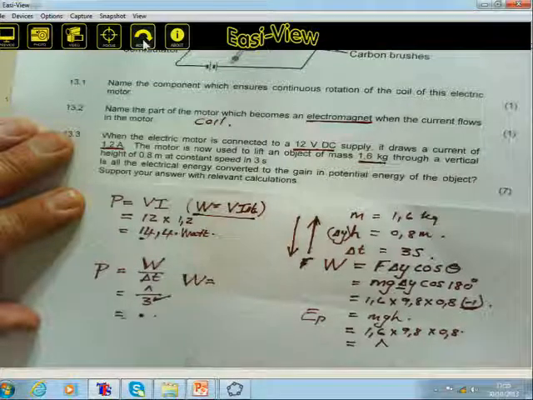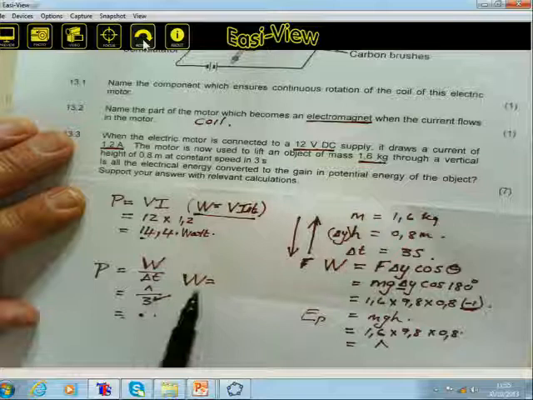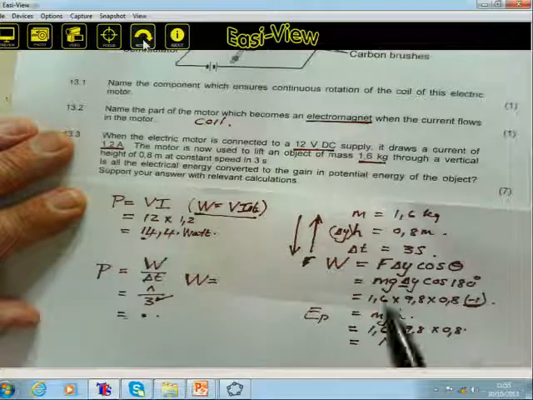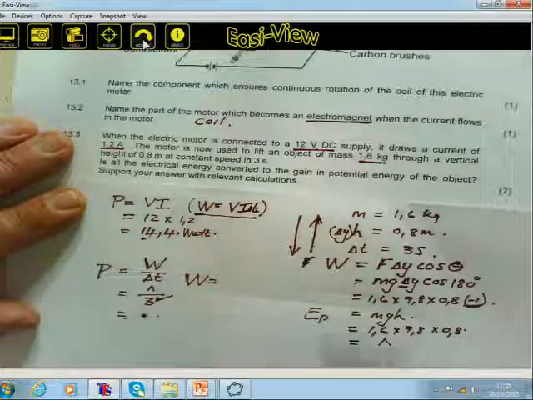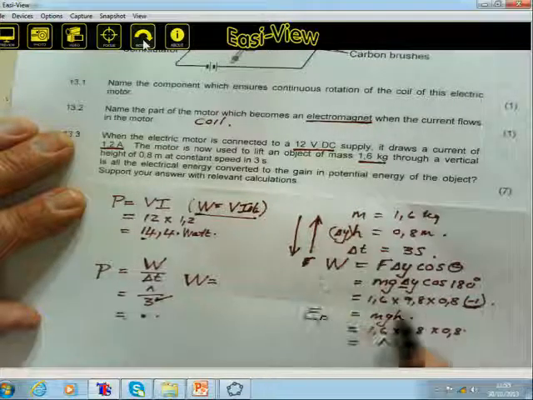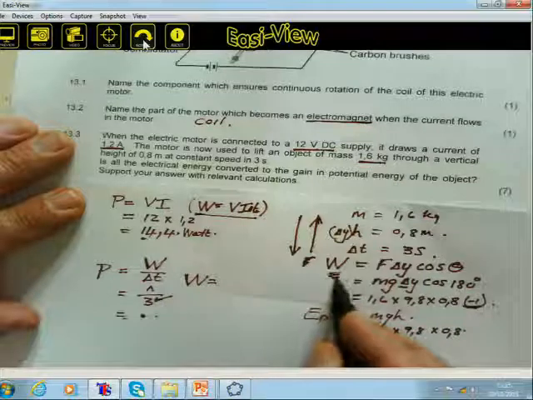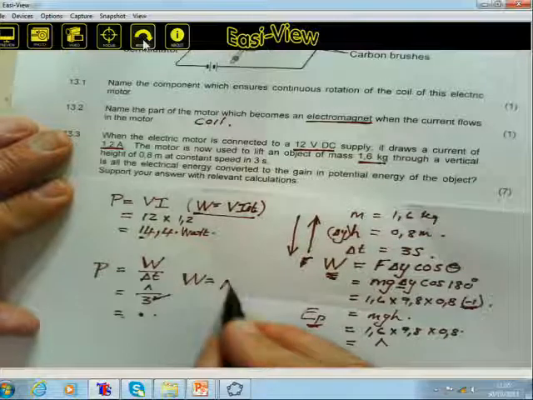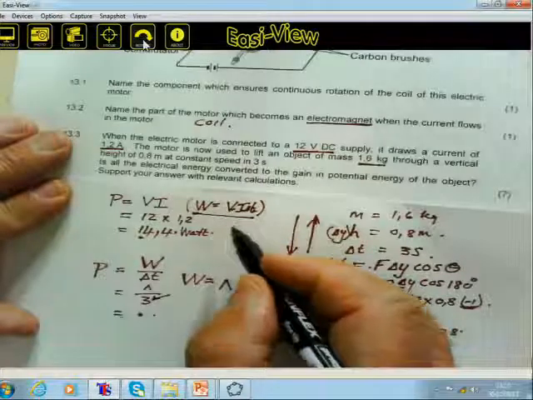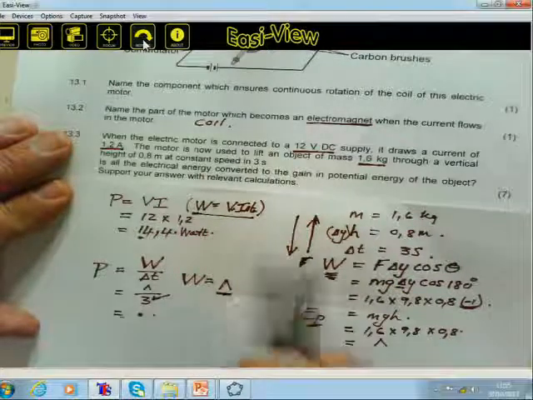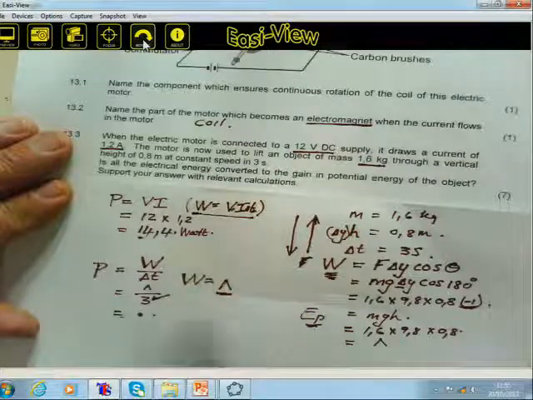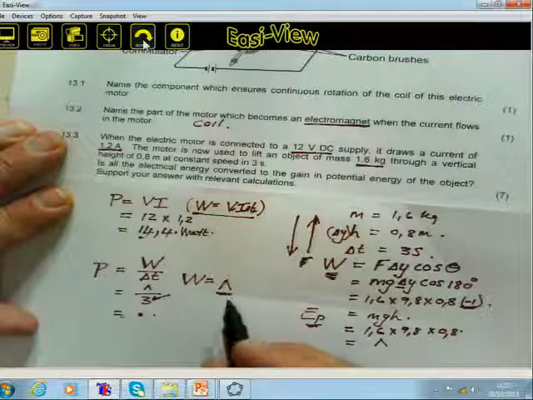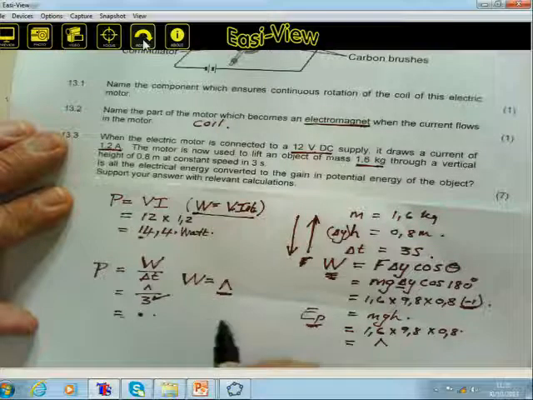Then you simply compare this value calculated in one of these two options with that value there. And if this is less than this value, then you can state that not all the electrical energy is converted to gravitational potential energy.